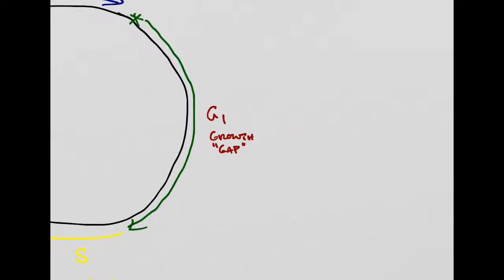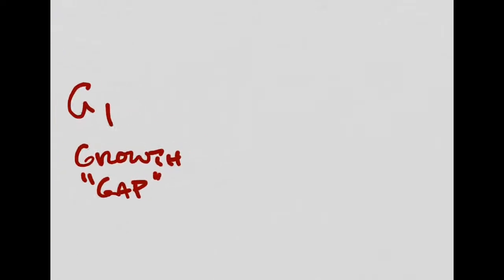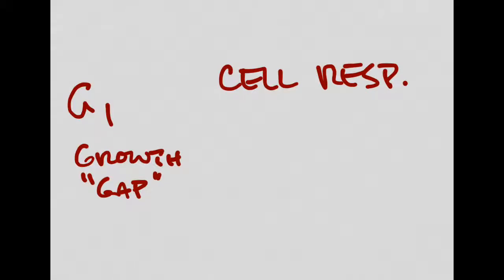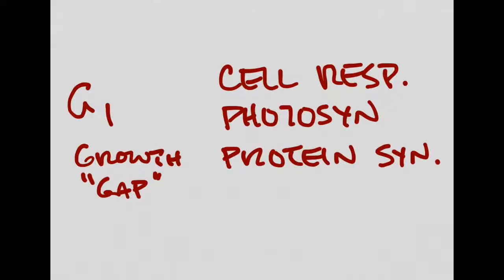So we have over here, let's go red again, in our growth phase, all the things that a cell normally does will happen in this growth phase. So cellular respiration has to happen. If you're a plant cell, then photosynthesis. Any cell is going to be doing what we were just covering in class, protein synthesis.